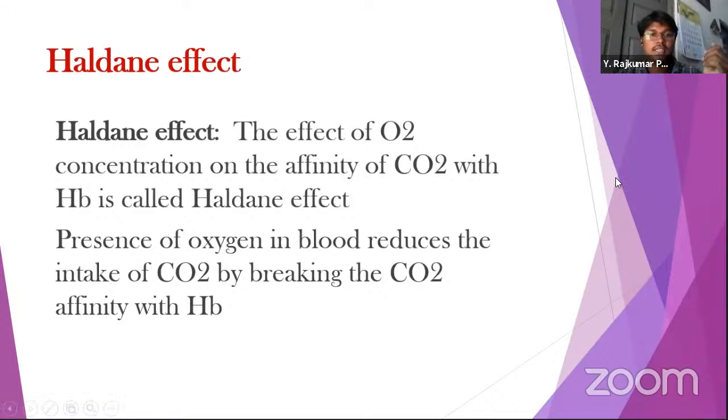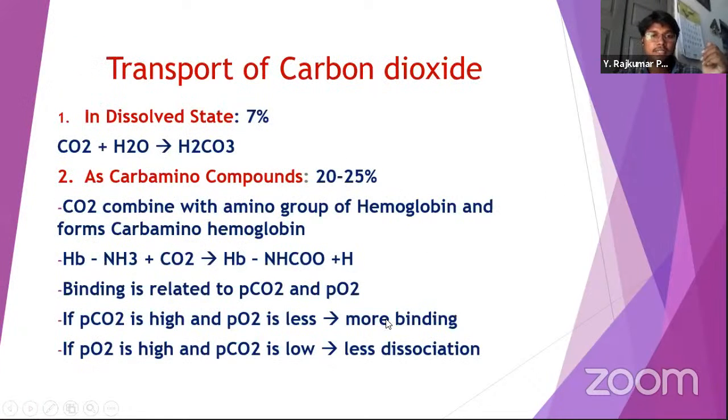Dear students, let's learn about the transport of carbon dioxide. What is transport of carbon dioxide? Just as oxygen is transported, carbon dioxide also gets transported, but in three ways. First is in the dissolved state.